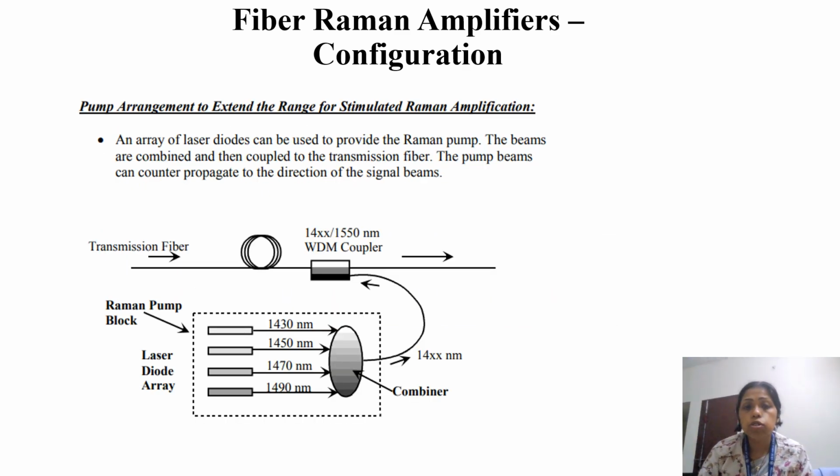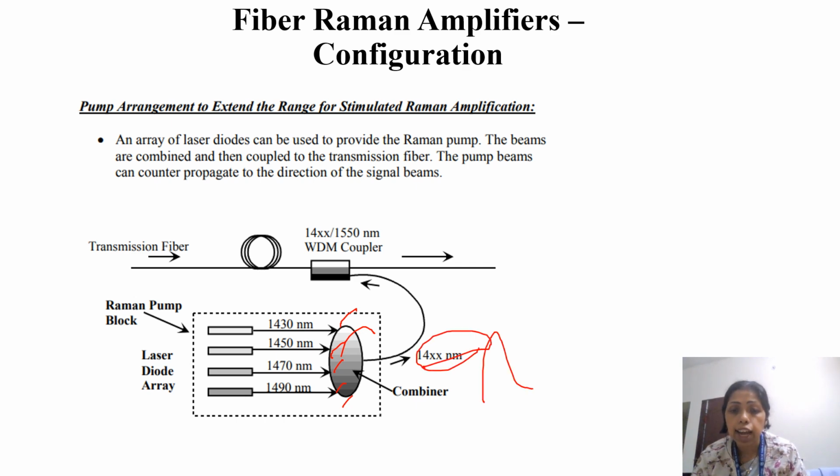Okay, so how can you achieve stimulated Raman scattering? Here high intensity light must be provided. So we are combining the various intensity light. You can see in this diagram the various intensity lights we are providing. Both are combined in a combiner, and we get one broad intensity light, which will also be high intensity.